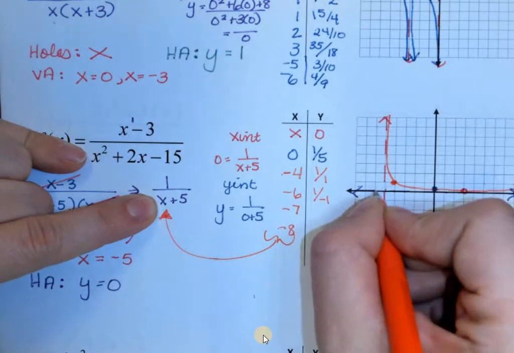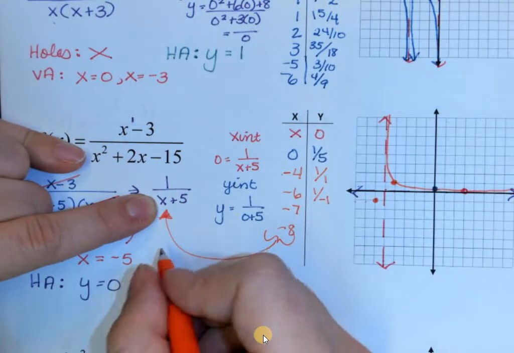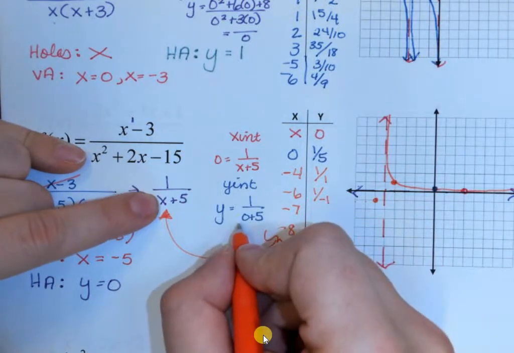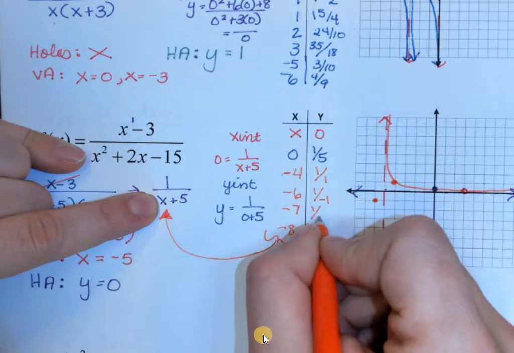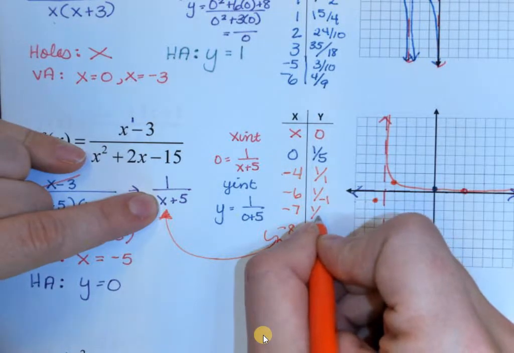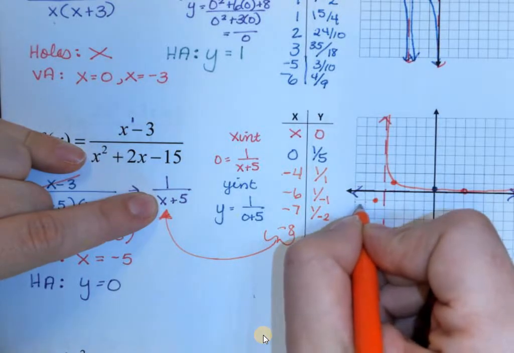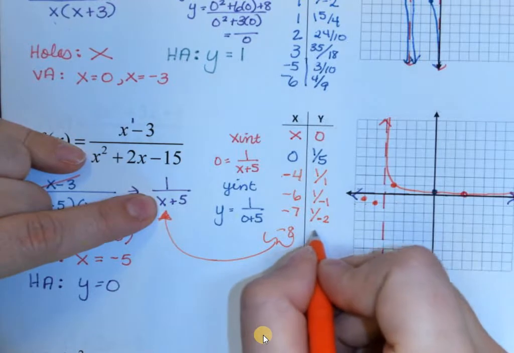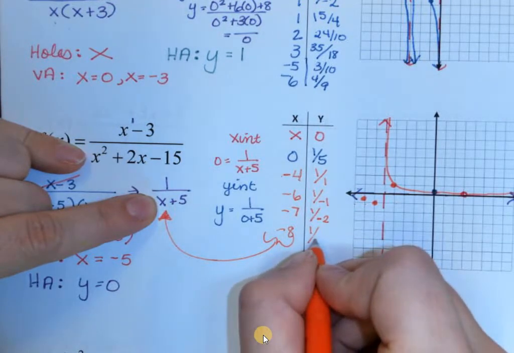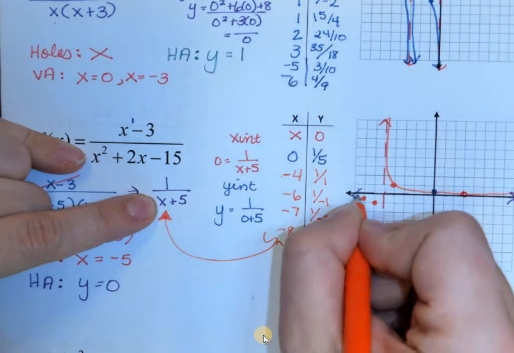Negative 1. Oh, that's easy. It's going to be right there. When I plug negative 7 in, I'm going to have 1 over negative 2. So negative 1/2. And because it's easy, when I plug negative 8 in, what am I going to have? Negative 3.